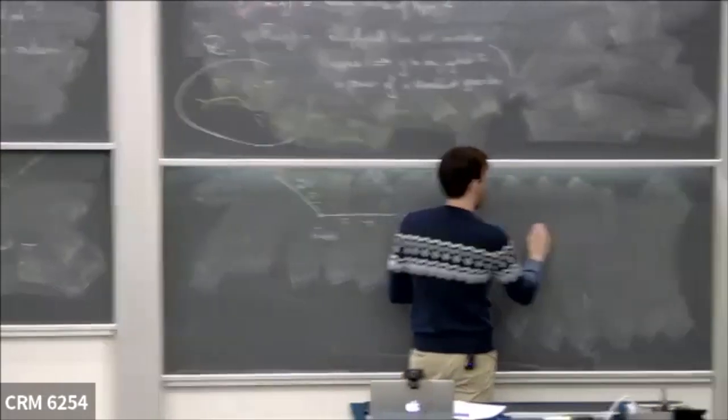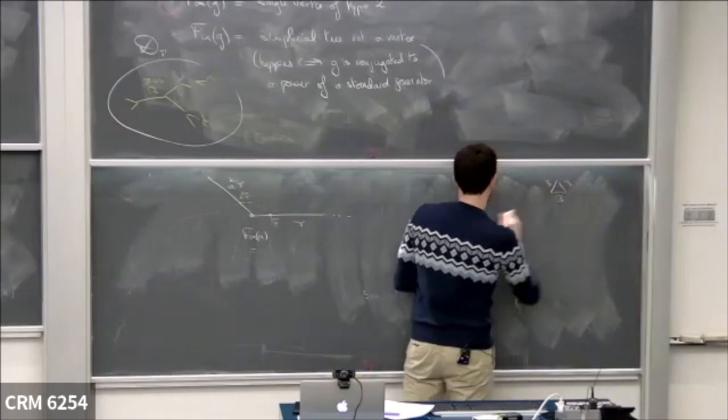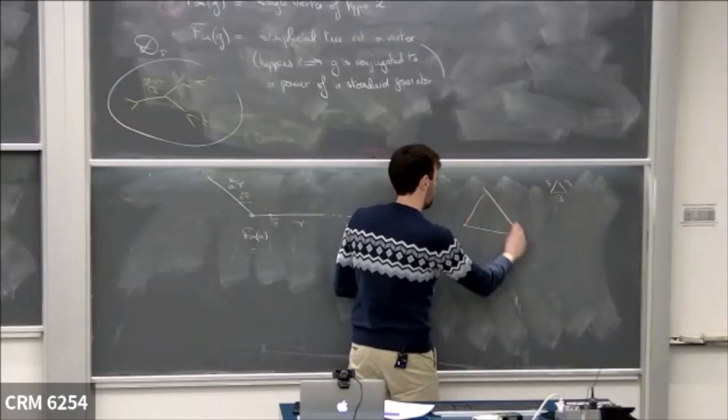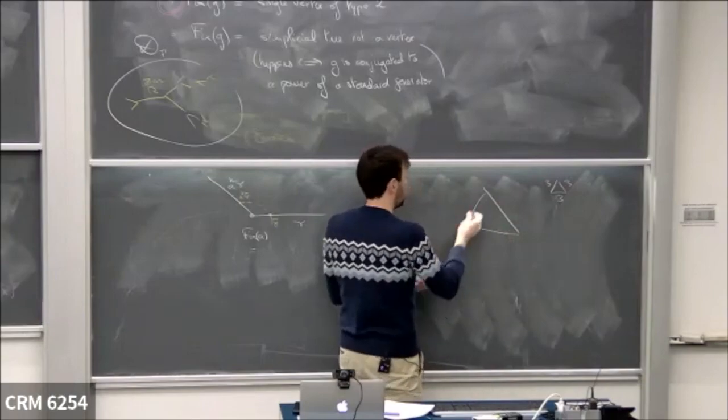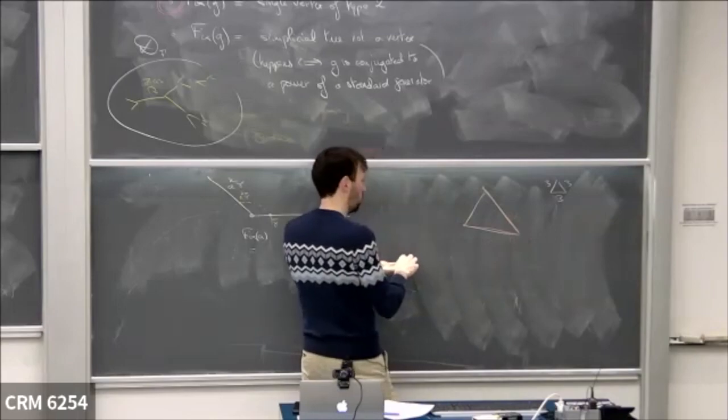So again, gamma is equal to 333. It's the same picture as I did before. I had my main triangle, my fundamental domain for the action of the Deligne complex.